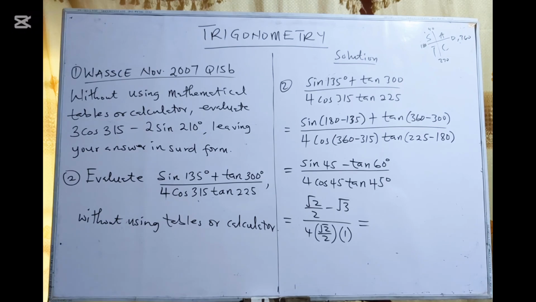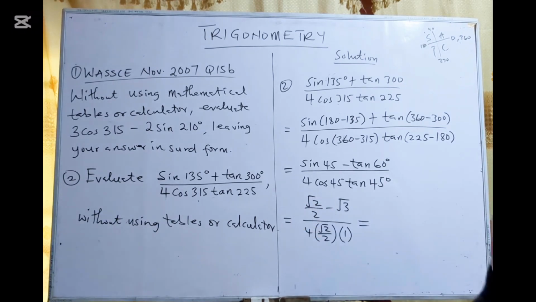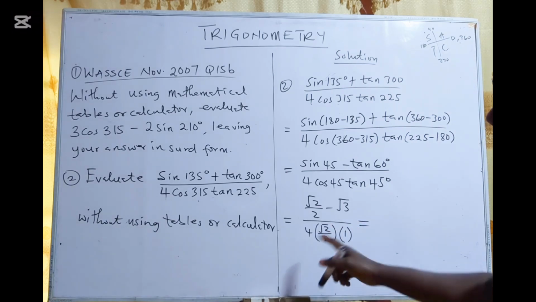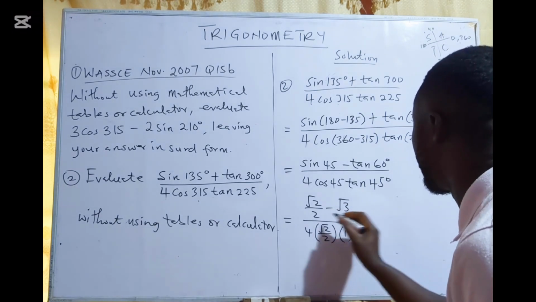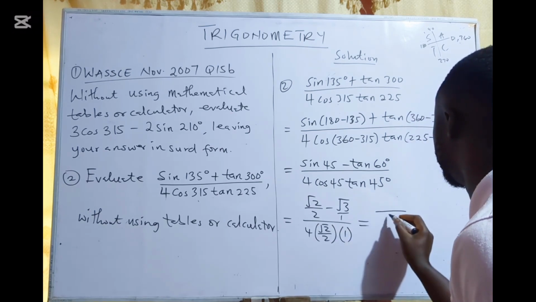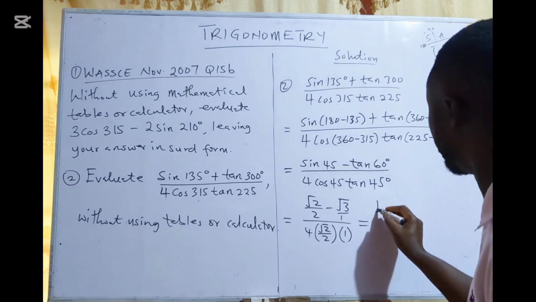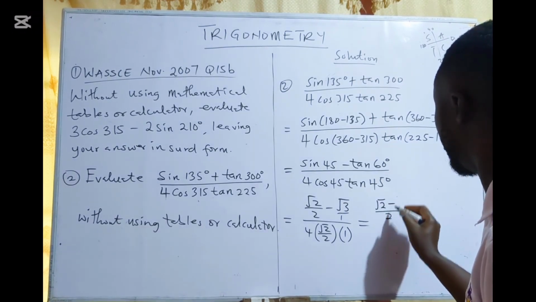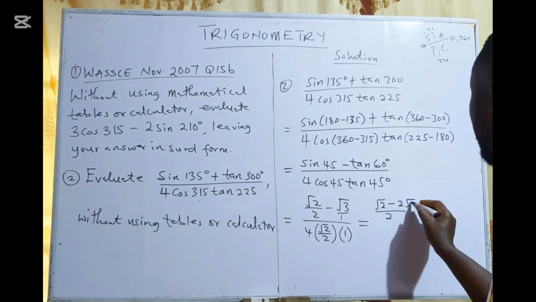Alright, so here, if you like, we can write this one as a single fraction, and then we see if we can cancel anything with the denominator here. Alright, so let's write the numerator as a single fraction. So this will be over 1. We'll take note of that. So our LCM will be over 2. 2 goes here 1, so that we have root 2, minus 1 goes here 2, 2 root 3.